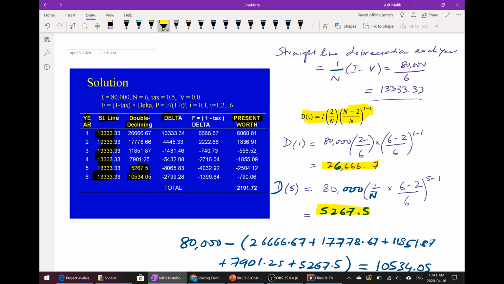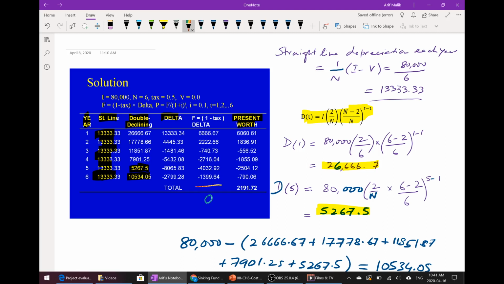Now delta is equal to the difference between double declining minus straight line, and here is the difference coming, and then the future value or the future benefit is (1 minus tax) into delta. So these are the values calculated here. You can see that if we add all of these, it should be equal to 0, because in the initial years the benefit is positive, and in later years it is negative.